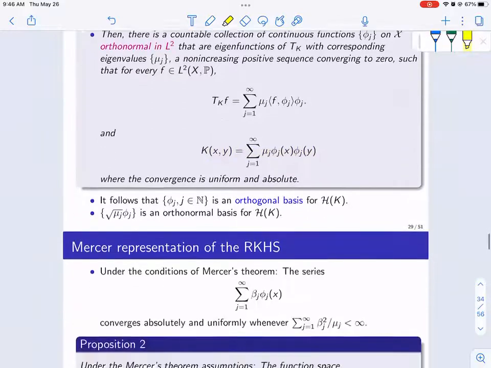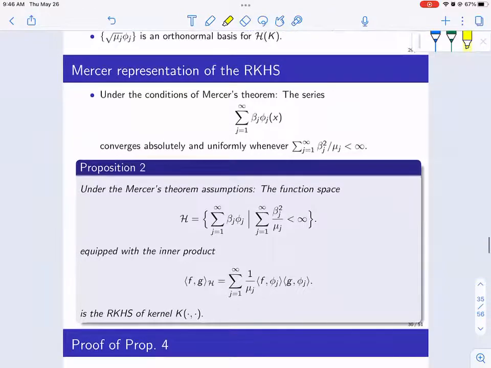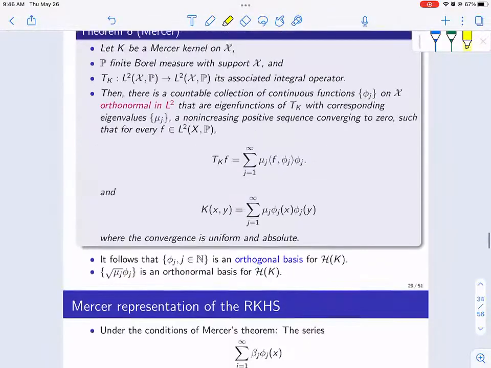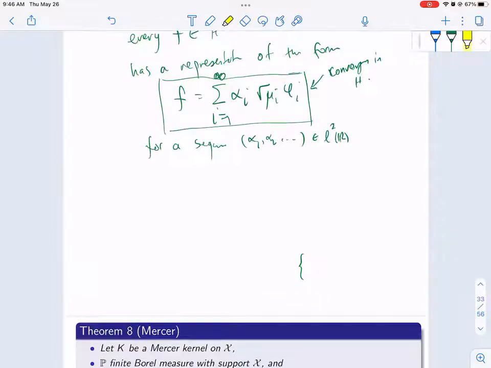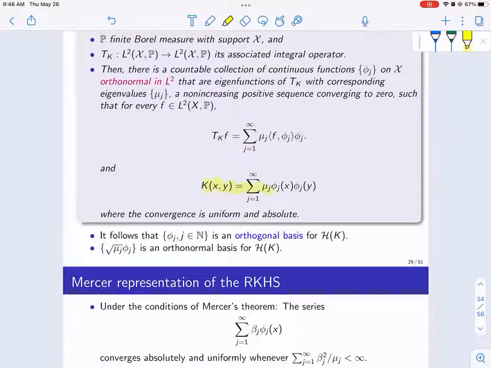So I want to use this to argue that we can represent basically the RKHS as linear combinations of these phi's. So under these conditions, if you have basically Mercer's representation of the kernel in terms of these eigenfunctions, then you're done basically. So this is not what I'm going to prove.